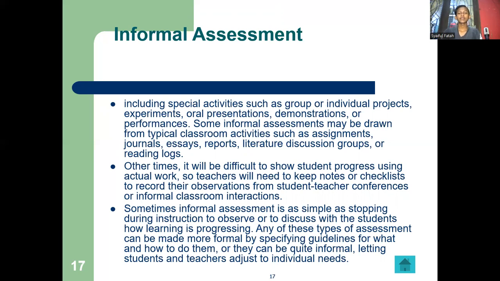Sometimes informal assessment is as simple as stopping during instruction to observe or to discuss with the student how learning is progressing. Any of these types of assessment can be made more formal by specifying guidelines for what and how to do it, or they can be quite informal, letting students and teachers adjust to individual needs.